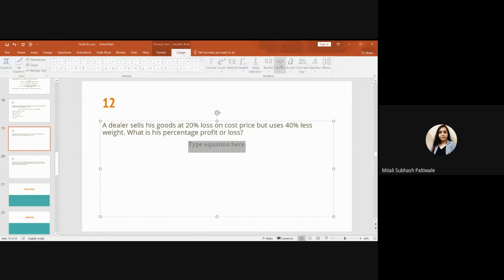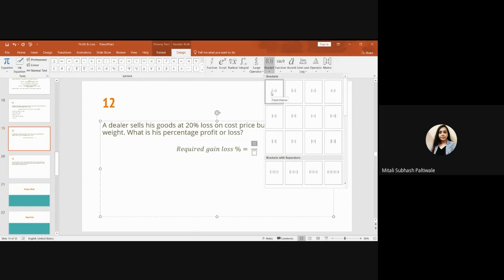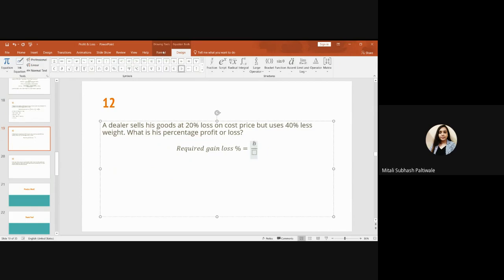Again, required gain or profit, gain or loss is equal to B plus minus A divided by 100 minus B. That's it.